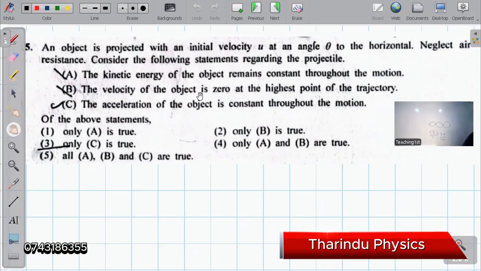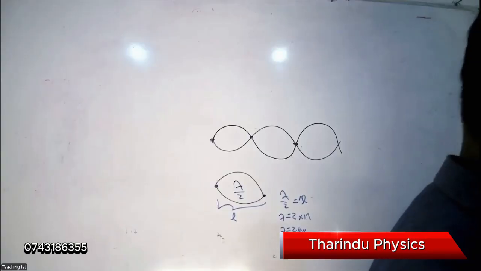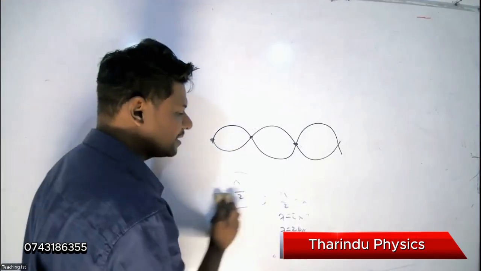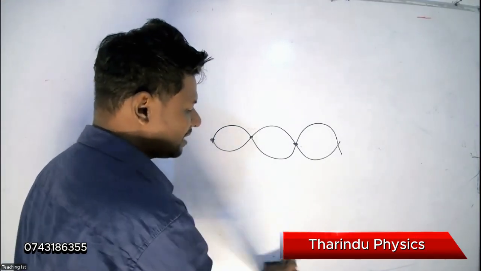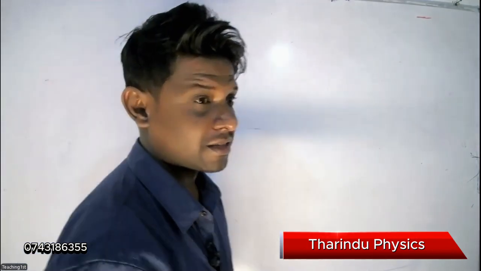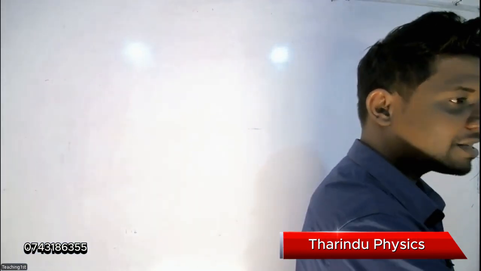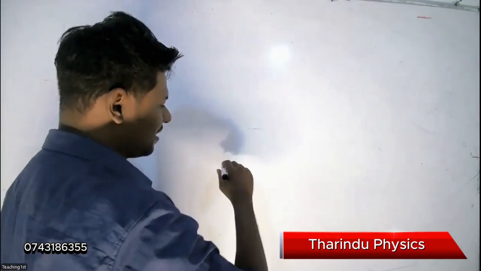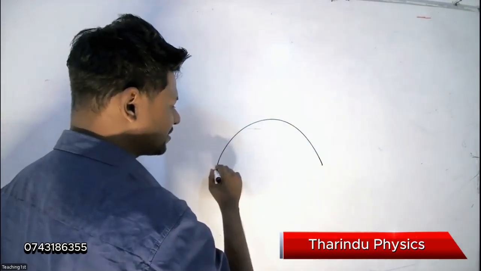The velocity of the object is 0 at the highest point of the trajectory. There is a very controversial thing. I don't know what answers they would come up with, because I have seen this at university level, even in Edexcel, Cambridge, and many international exams. It is really not this. They just consider it like this. It's a projectile motion like this, no?